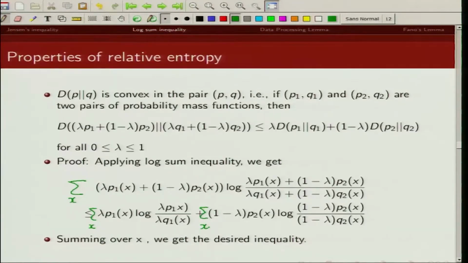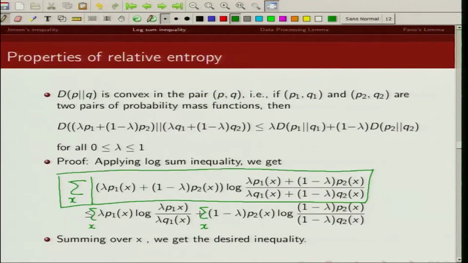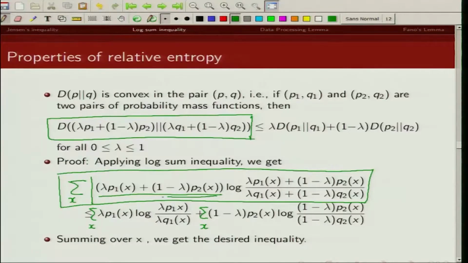You can think of a new probability which is lambda p1(x) plus 1 minus lambda p2(x), and another new probability lambda q1(x) plus 1 minus lambda q2(x). So this quantity that you see here is nothing but the divergence between this probability and this probability.